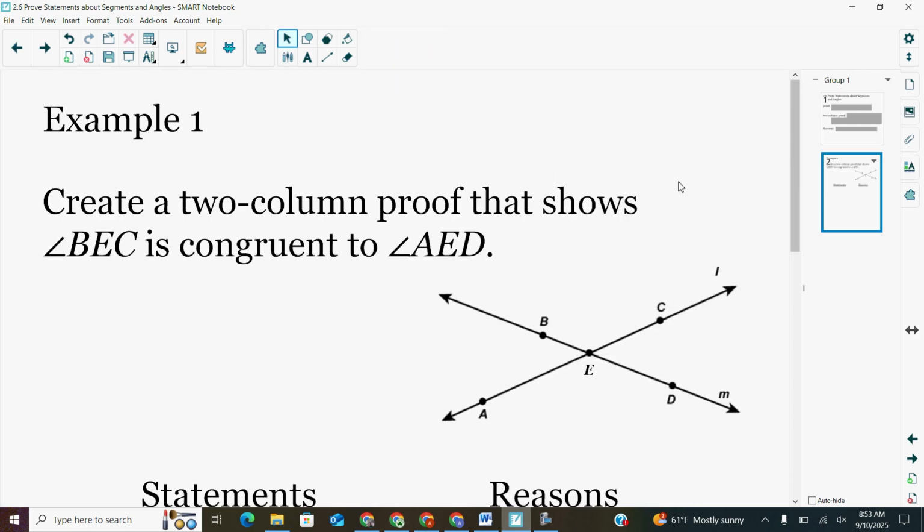Our one and only example asks us to create a 2-column proof, and we want to prove that angle BEC, this angle right in here, is congruent to angle AED. AED is this one down here.